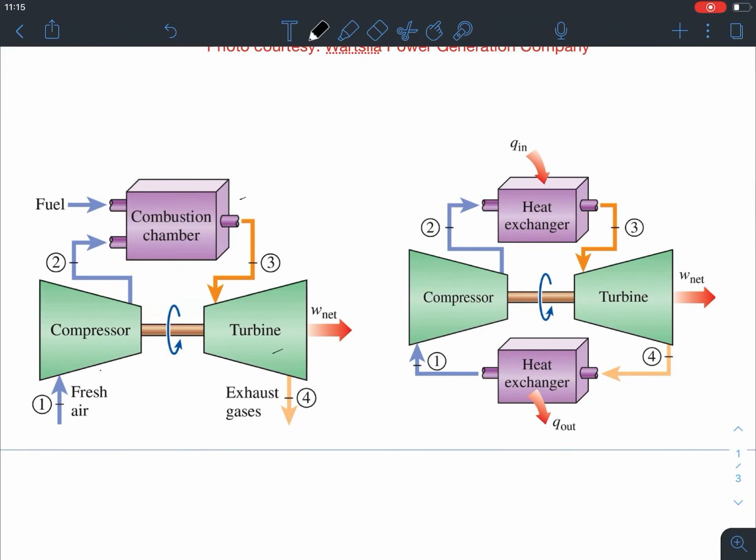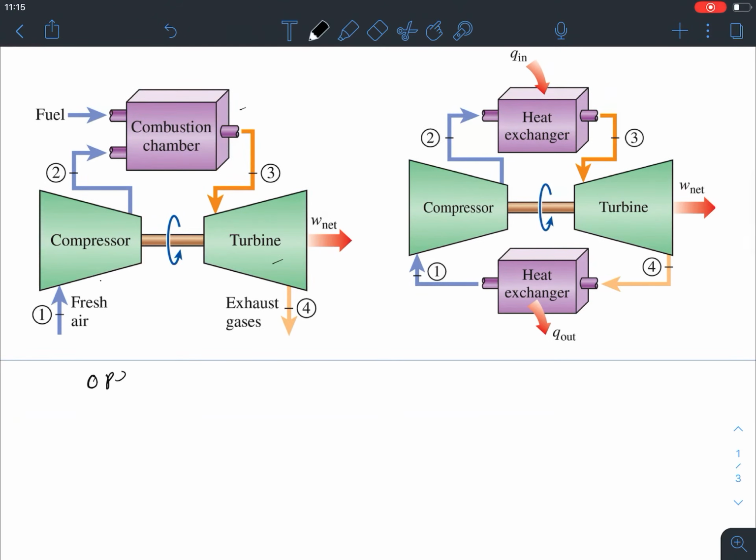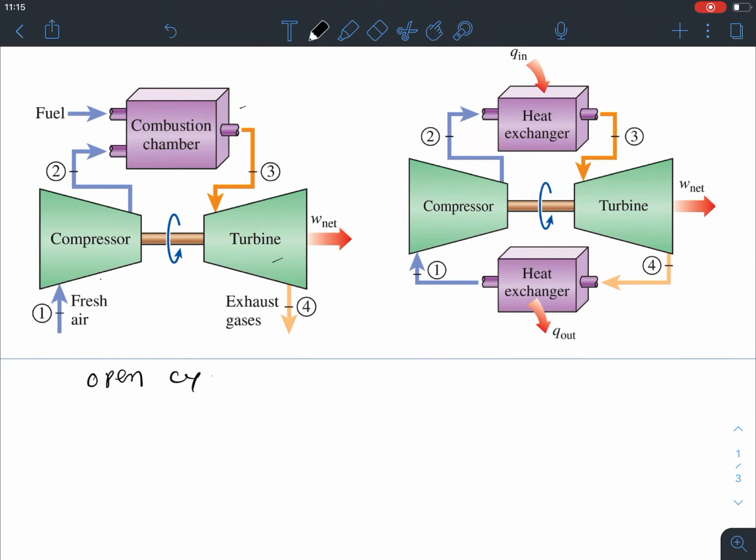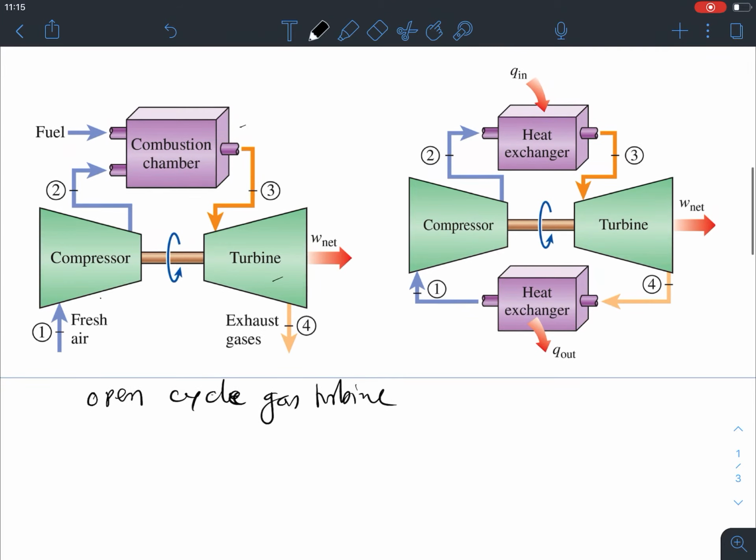If we draw this gas turbine as a cyclic diagram, it will look like this: an open cycle gas turbine.